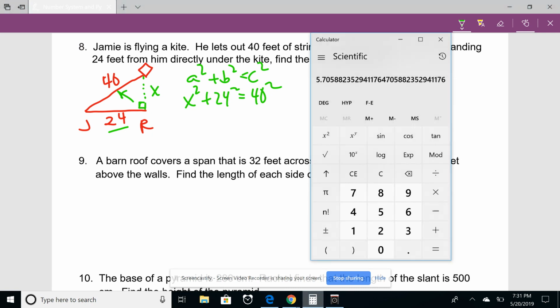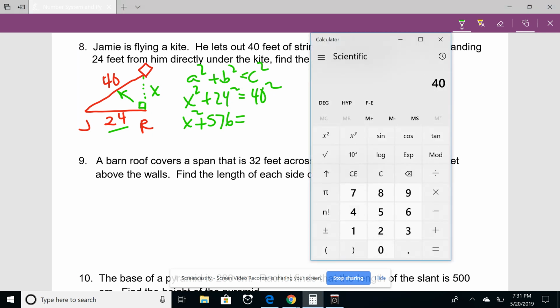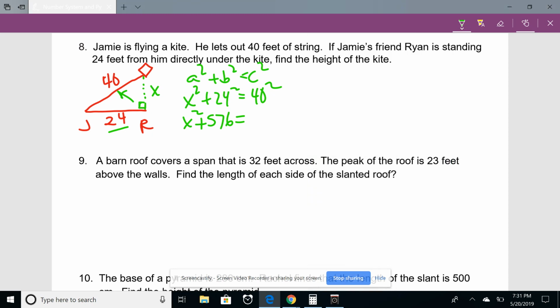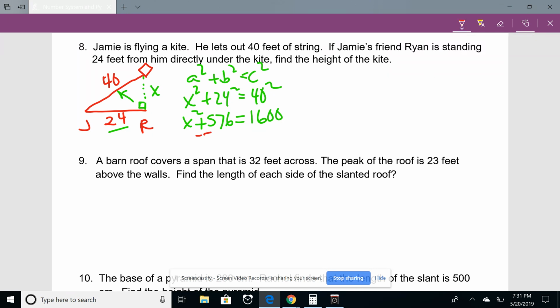24 squared, I don't know what that is. 576. 40 squared should be 1600. Yep. Minus 576 from both sides.